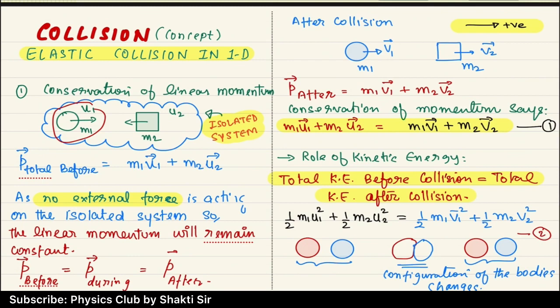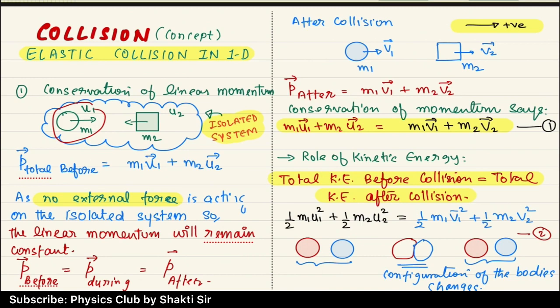We can use the energy conservation equation also to solve the numericals, and here there is a very important role of kinetic energy conservation. But keep in mind, kinetic energy is conserved only in elastic collisions, and particularly when we compare the situation before the collision and after the collision.